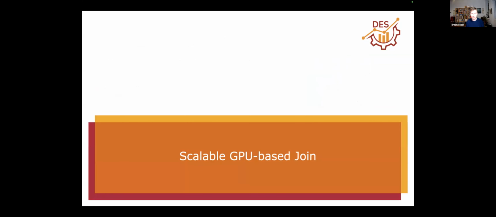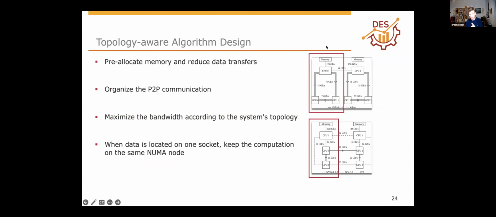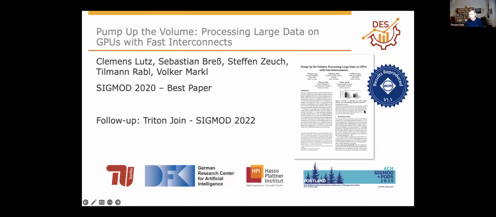And now I want to quickly show you the pump up the volume, our scalable GPU join, which utilizes a single GPU, but exactly this kind of hardware, where we have NVLink. This is also the kind of hardware that is coming in new generations.